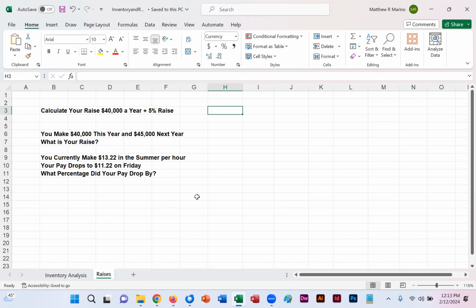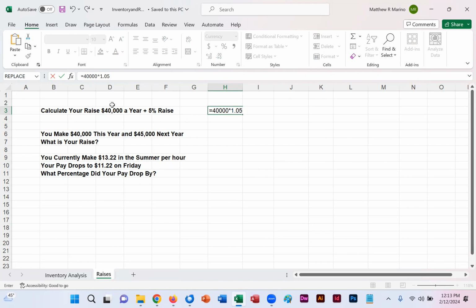So the first question, calculate your raise of 5% on 40,000, is fairly simple to calculate. We do equals 40,000 times 1.05.